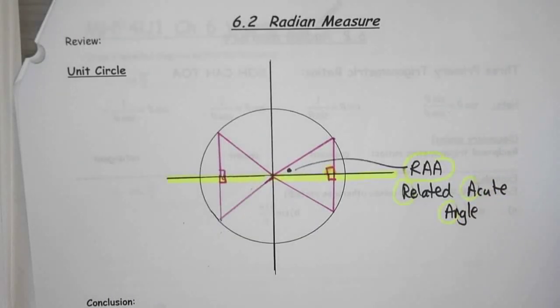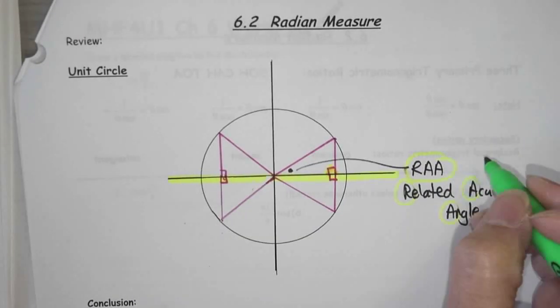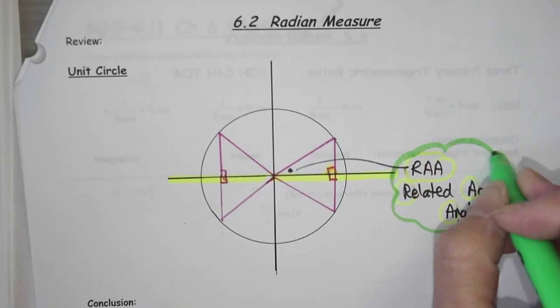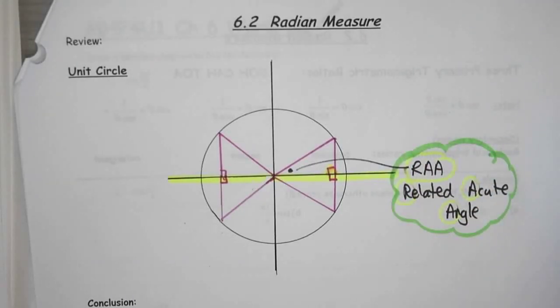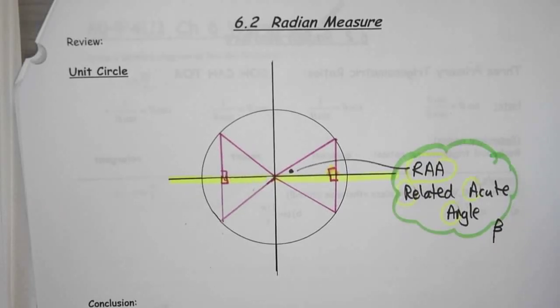Again, this is the way I refer to it, so I don't know if your teacher referred to it that way, but I would always call it related acute angle. In the homework, they would say, what is the related acute angle? I would usually use beta to refer to it in questions and say, what's the beta, right? So related acute angle, beta.